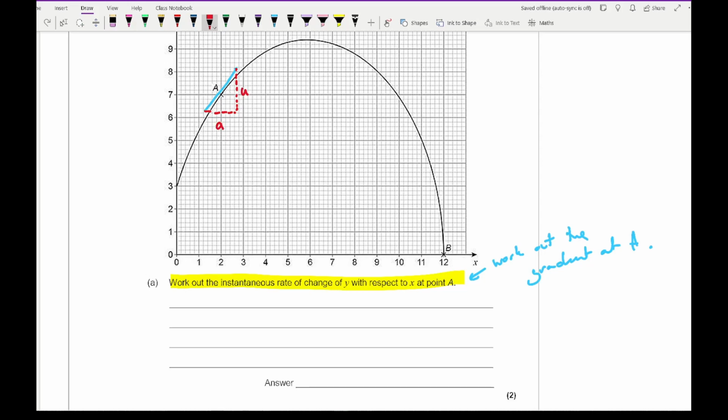So here, the gradient is going to equal up over across. Looking at this, every little box represents 0.2. Counting the boxes, again, I've not drawn this accurately, so it's not going to give me actual answers. But here, this gives me, I would say, 4, 9, 10 boxes.